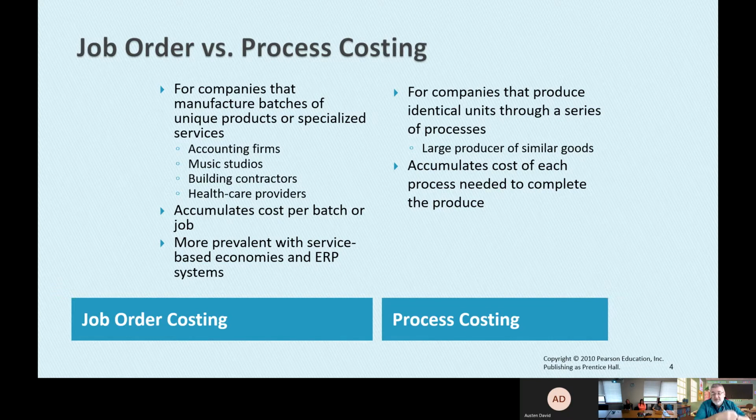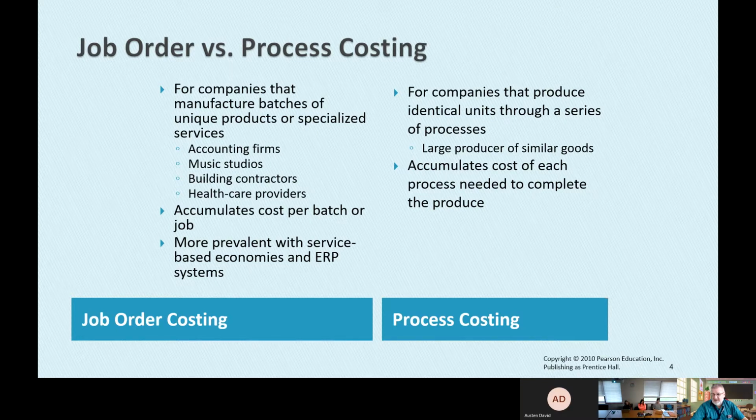Music studios, building constructors, you know, if somebody's building a house, they may be building 5 houses on my block. But if they're building a house for me, the things that go into building my house, they're going to cost specifically to that job. Again, I may want Carrara marble for my countertops where somebody else wants butcher block for their countertops. So that can be specifically tied to a job.